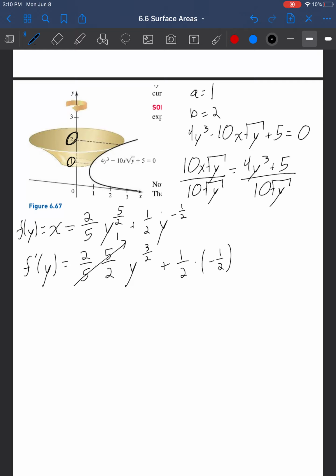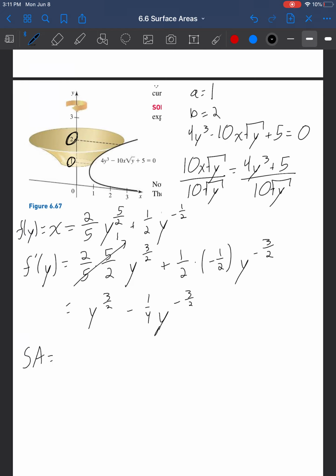We get that this is 1/2 times a negative 1/2 from the exponent, and then we subtract 1, y to the negative 3/2. Fully writing this out, y to the 3/2 minus 1/4 y to the negative 3/2.